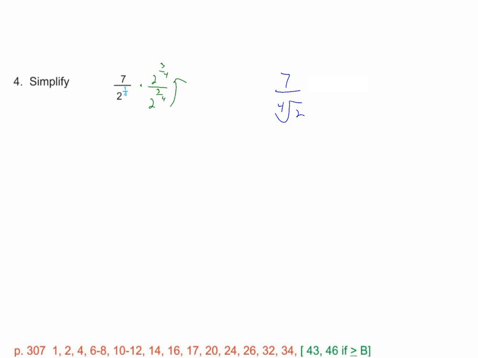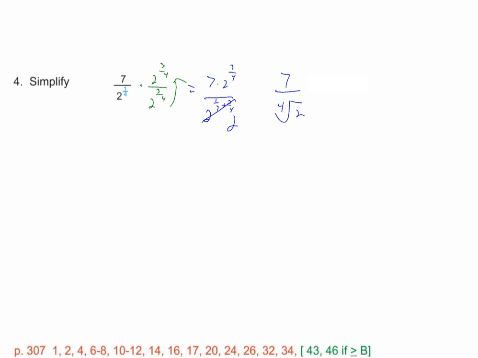So where do you end up on the left? 7 times 2 to the 3/4 over, and let me show you this step, 2 to the 1/4 plus 3/4, which is 2 to the 1st, or 2. Don't try to reduce a 2 to the 3/4 with a 2, all right?